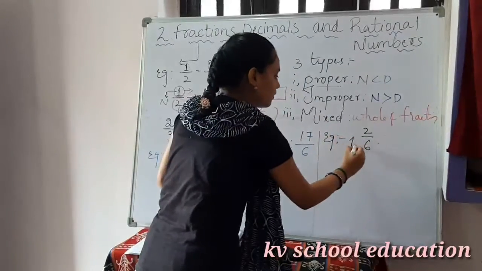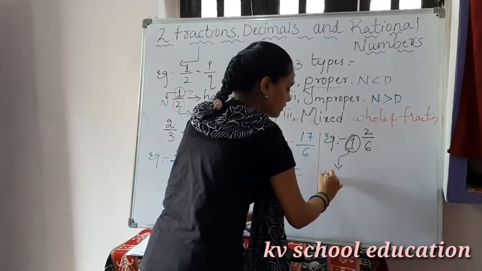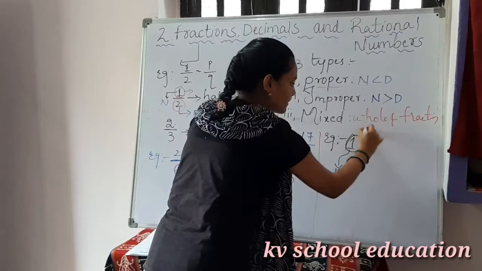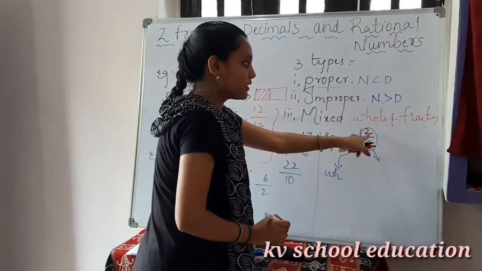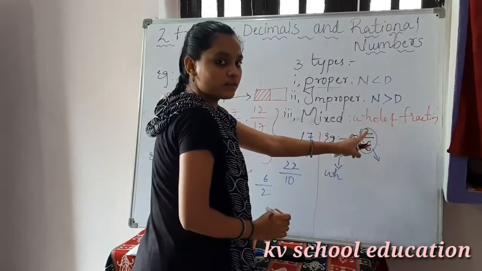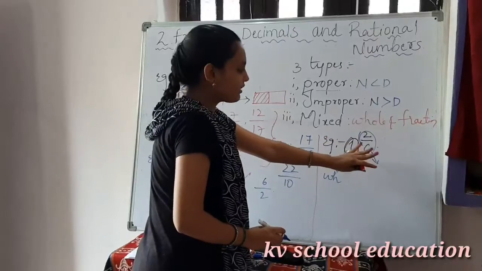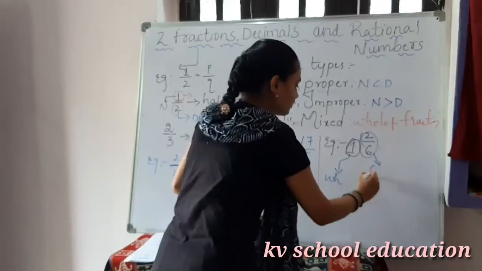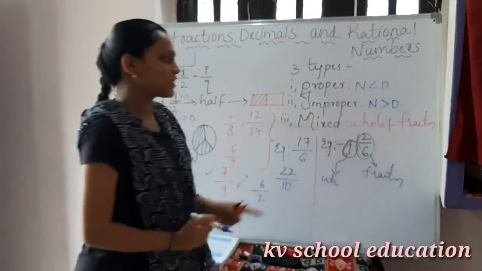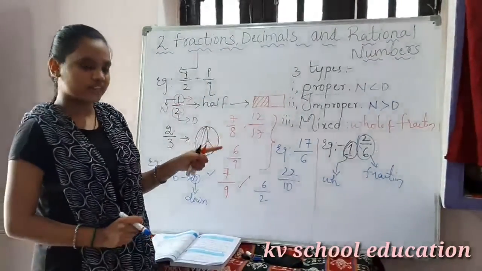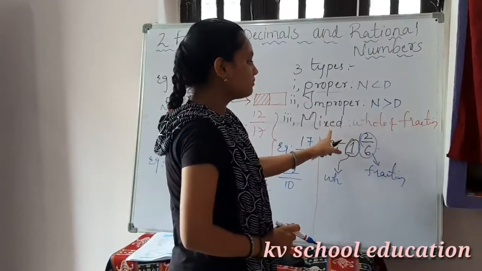Here 1 is a whole number and 2 by 6 is a fraction. 2 by 6 is a proper fraction because 2 is less than 6. There is no need to say proper or improper here, it is just a fraction. The combination of a whole number as well as a fraction is known as a mixed fraction.